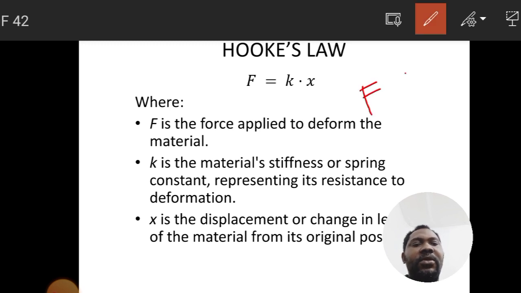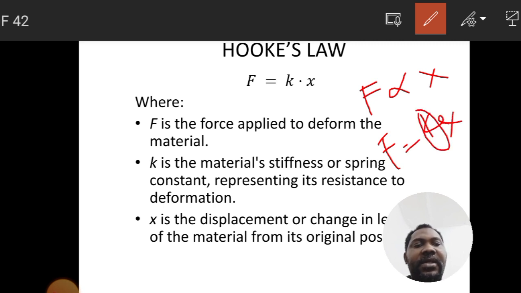Based on Hooke's law, F is proportional to x, where x is the displacement or the change in length, and k is the proportionality constant. It's called the material stiffness or spring constant, representing its resistance.